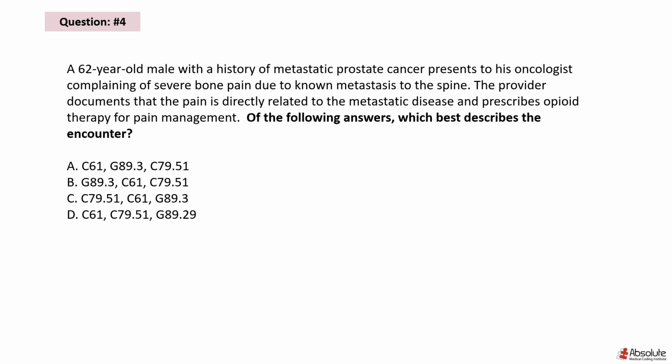Or D. C61, C79.51, G89.29. A 62-year-old male with a history of metastatic prostate cancer presents to his oncologist complaining of severe bone pain due to known metastasis to the spine. The provider documents that the pain is directly related to the metastatic disease and prescribes opioid therapy for pain management. Of the following answers, which best describes the encounter?